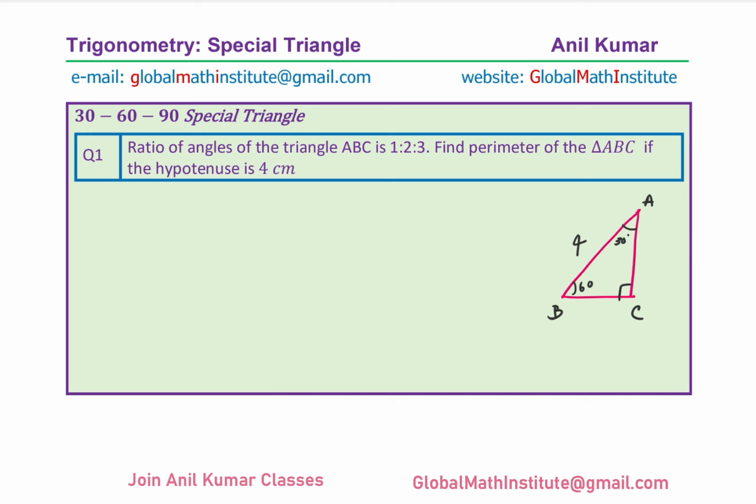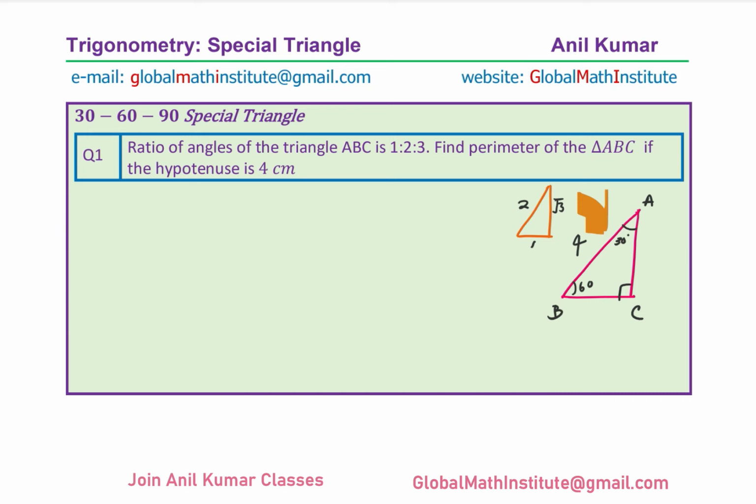Now if you compare with what we had just drawn, let me redraw the one where the ratio of the sides was 1, square root 3, and 2. What we have done here is, if you move from this triangle to that, we have a scale factor of 2, right?